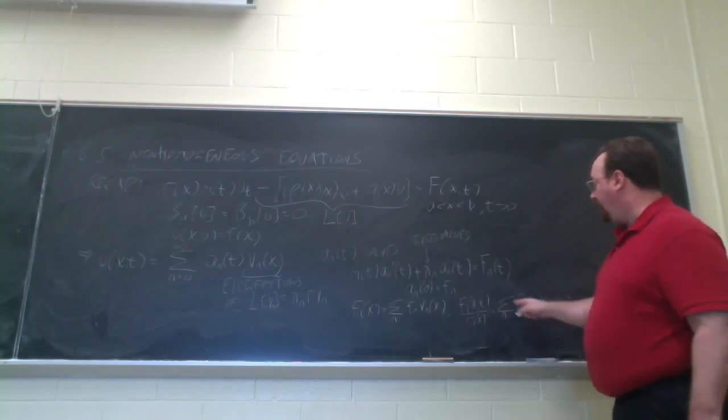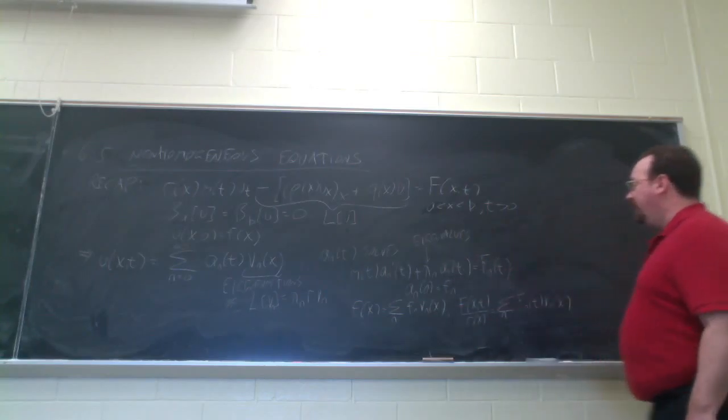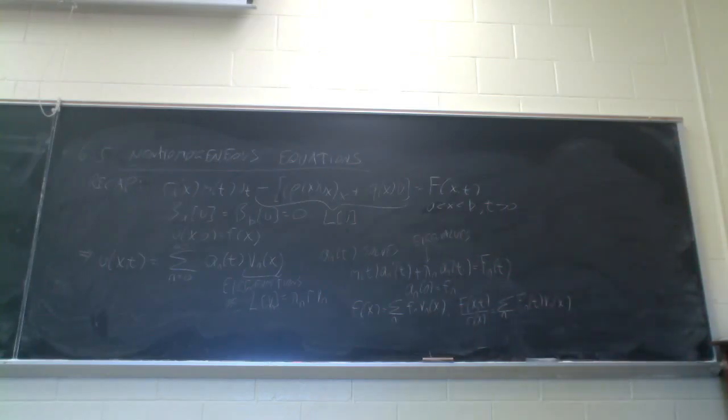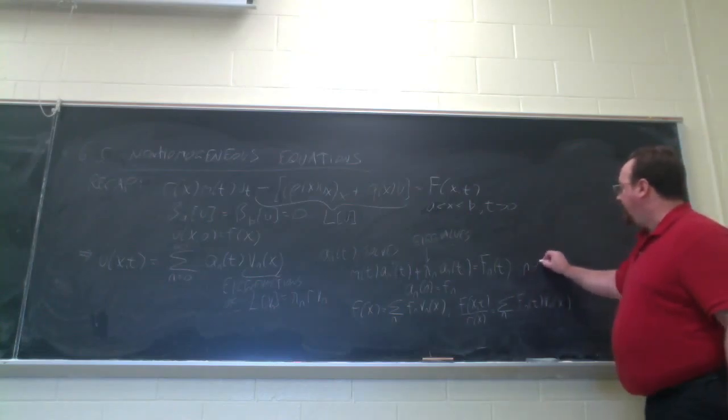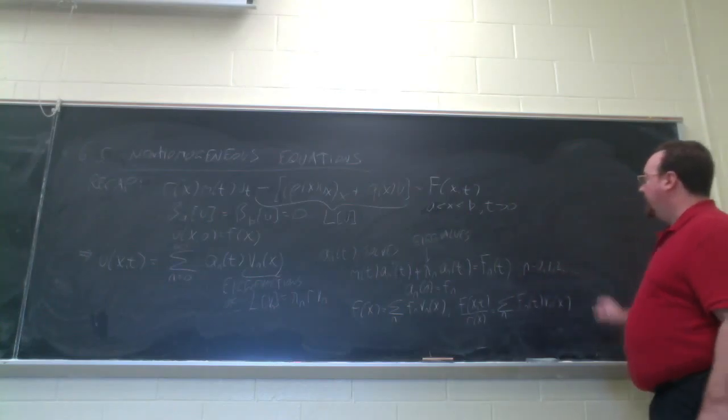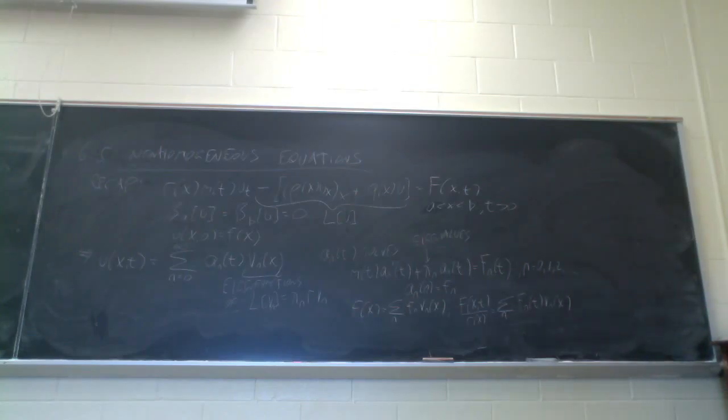So these expansion coefficients give us the particulars, like the initial data and the source term for our ODE. We solve these ODEs for all n, and then we get the coefficients of our solution, our a_n of t.